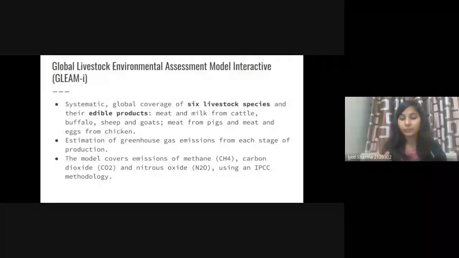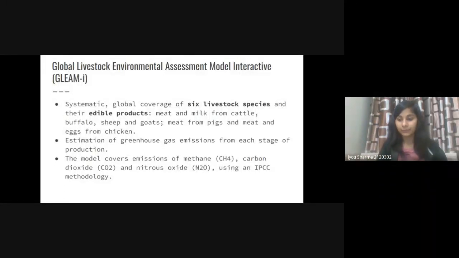So there is the input of the species, then the products you may get from that species, and then it calculates the greenhouse gas emissions from each stage of production, giving you methane, carbon dioxide, and nitrous oxide using an IPCC methodology. So this gives you only the greenhouse gases.